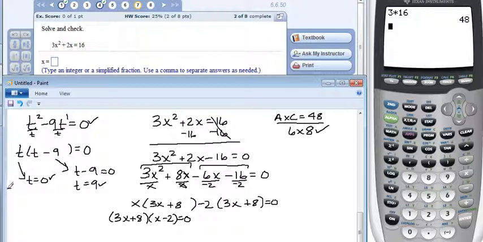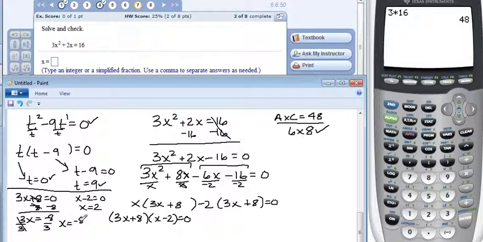So I can say either 3x plus 8 is equal to 0 or x minus 2 is equal to 0. Well, this one's really easy. Here's one solution. Here we're going to subtract the 8 across. So we have 3x equals negative 8. Dividing through by 3 gives me x is equal to negative 8 thirds.